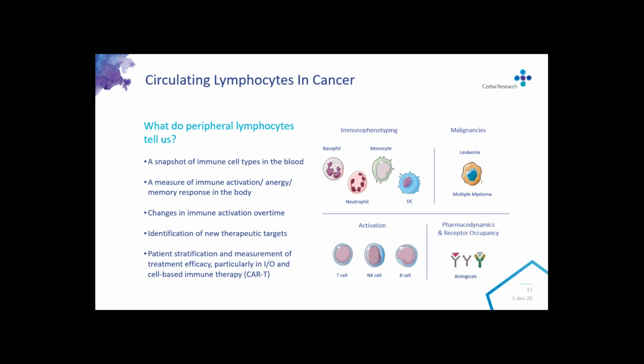So the first focus, since this is an IO-based focus talk, is to look at circulating lymphocytes in cancer. We all know how important the immune system is in protecting us from viruses, bacteria, and fungi, but we also know that the immune system plays a very important role in immune surveillance, looking for cells that undergo transformation, become cancerous, and in most cases is actually quite successful in eradicating those cells and keeping cancer in check.